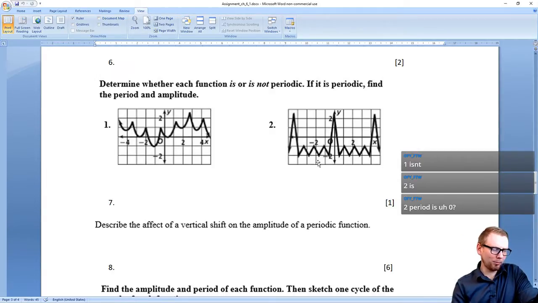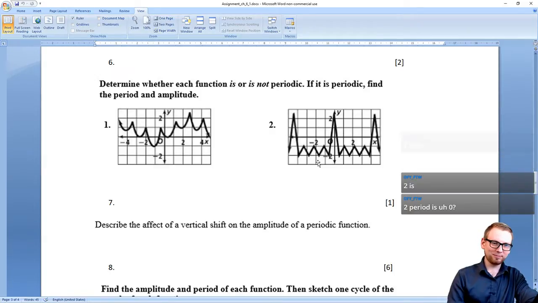So remember, the definition of period is how long it takes to do one cycle. So if it takes 0 to do one cycle, then it never cycles. Remember the logic there, bud.